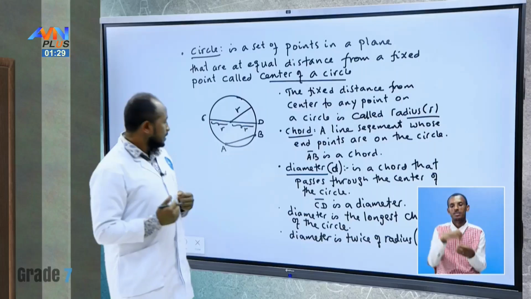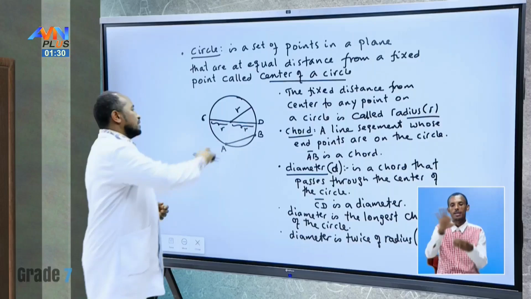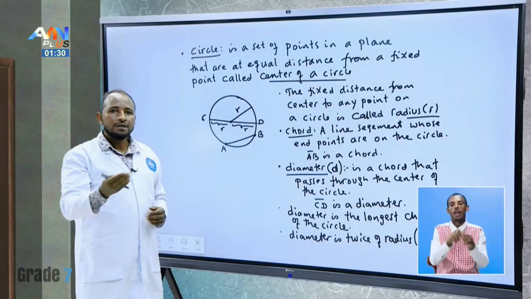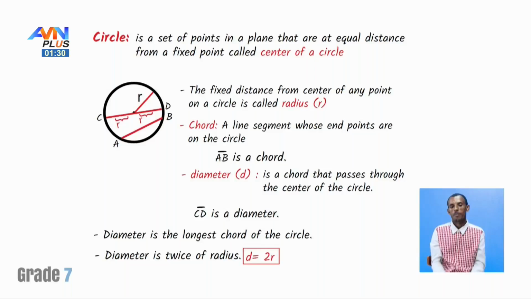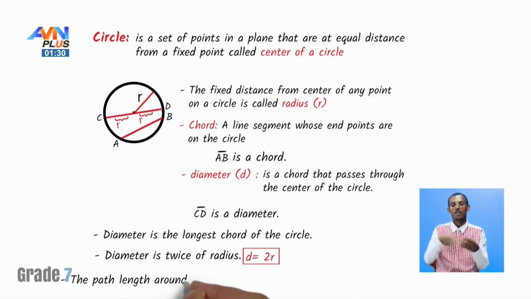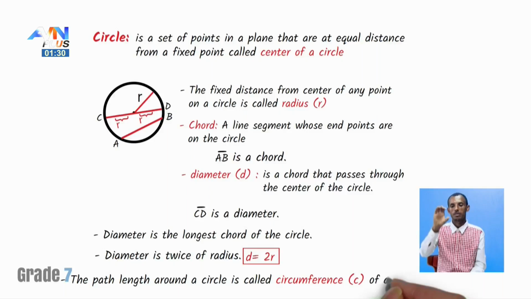Circumference of a circle is the total length around a circle, or the path length around the circle is called circumference of a circle.